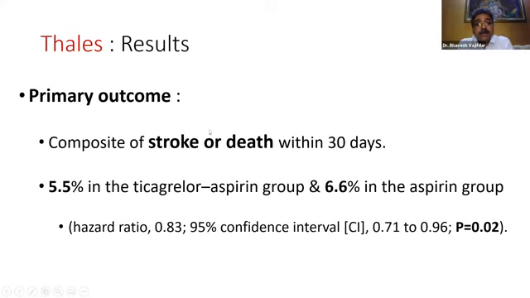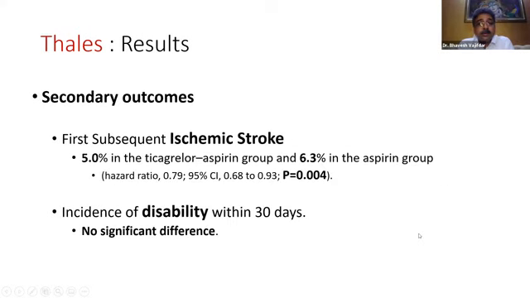And you looked at stroke or death within 1 month. Here you found that patients in whom you added ticagrelor to aspirin fared better than those who were only on aspirin. The p-value is significant here. And what about the secondary endpoints? Ischemic strokes were also less here, and the disability was similar in both groups.